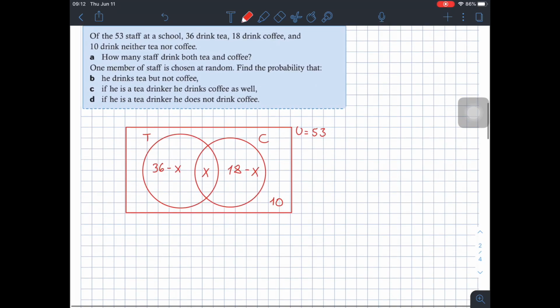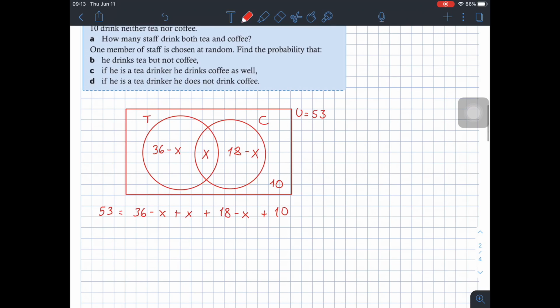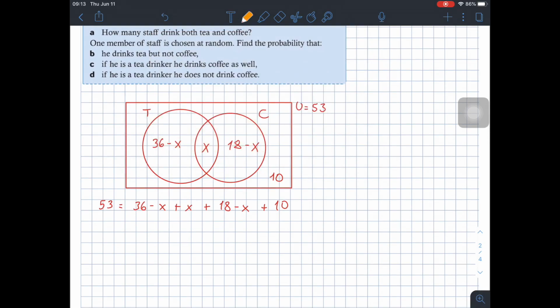We can say that the total, 53 people, must be equal to the sum of all of the elements. So 36 minus x plus 18 minus x plus 10, and that is equal to 53. Then we solve for x. We can simplify some terms.